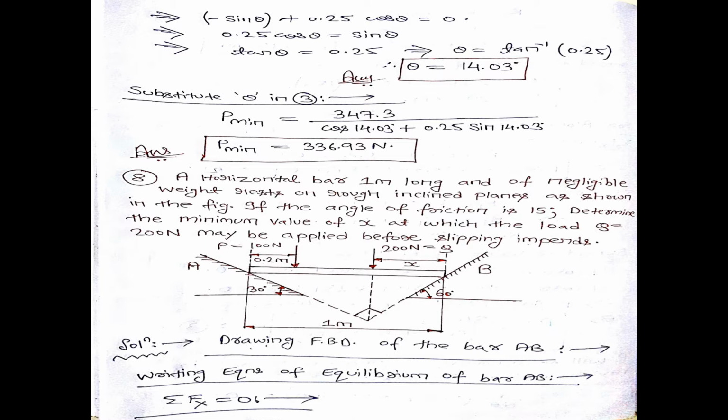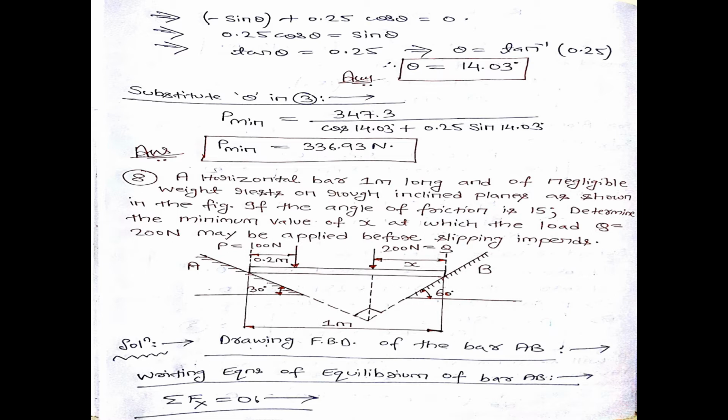What you need to find out? You need to find out what will be the minimum value of x, or what will be the minimum distance at which you should keep this 200 Newton load from end B so that slipping will take place. Slipping will take place means this body will move from its initial condition.